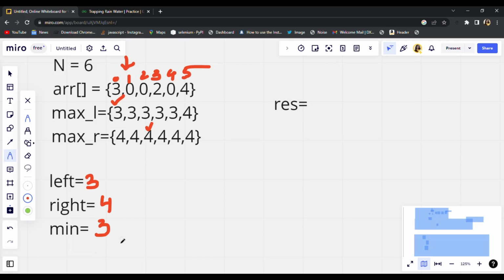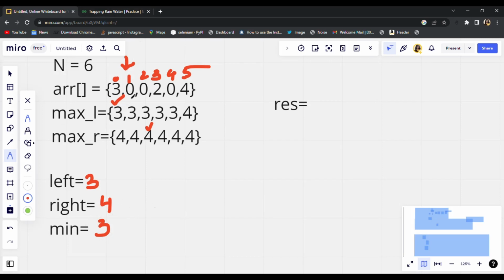Okay, so now how much water can we store? We can store water up to the height of the current block, right? Up till the height of the current block, we can't store the water, right? So what do we need to do? We need to subtract. That is 3 minus 0.